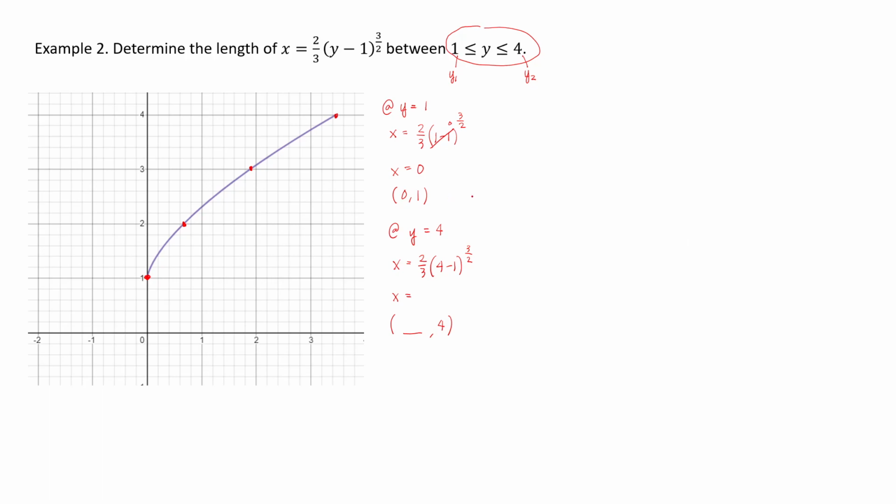So for the formula, again, we are now integrating with respect to y because the range is in the y direction. So L is equal to the integral of the square root of 1 plus, again since we are now in y direction, the denominator is y also, (dx over dy) squared dy, from y1 to y2.